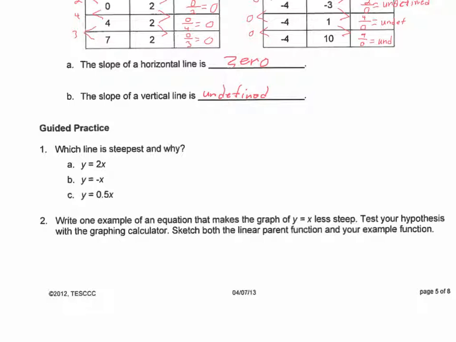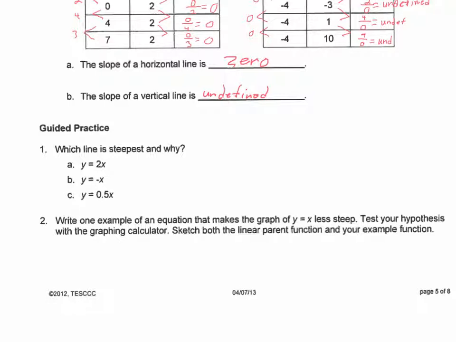We talked about that back on Monday, when we defined what slope was and some of the attributes, and we said that the bigger the number, the faster the change, the steeper the line. And so which of these 3 equations has the biggest slope?